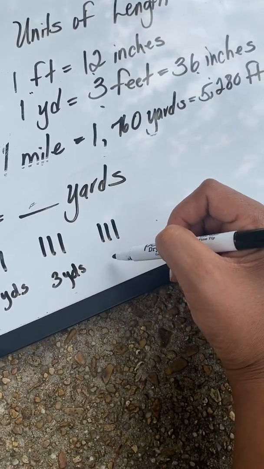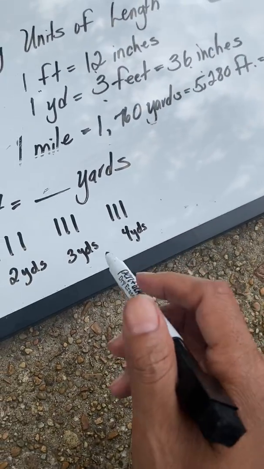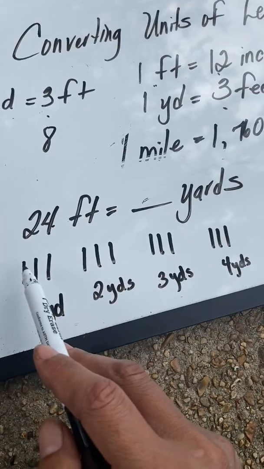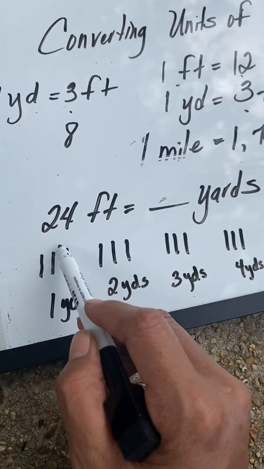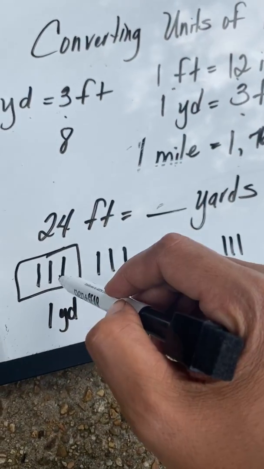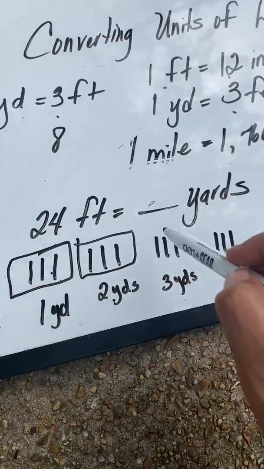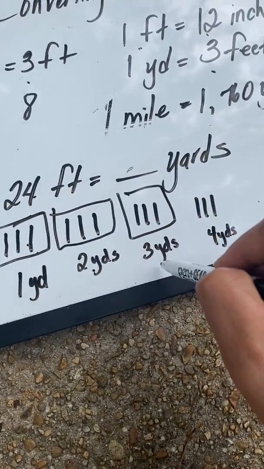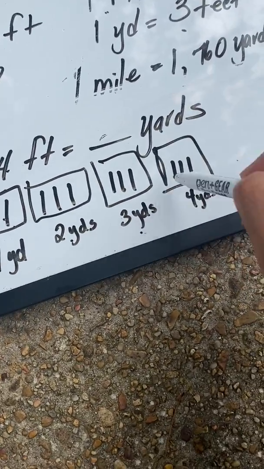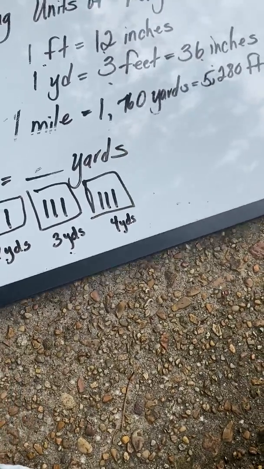Here's 3 more, 4 yards. So every 3 feet, here's 3 feet, 3 feet, yard number 2, 3 feet, yard number 3, 3 feet, yard number 4, and we can keep going.